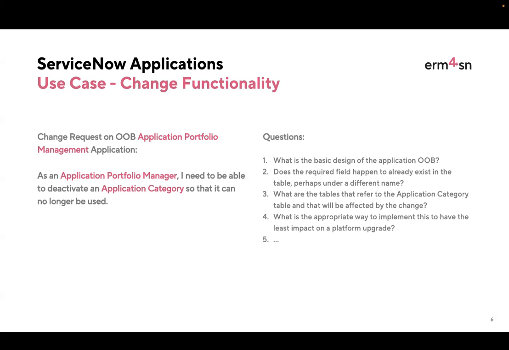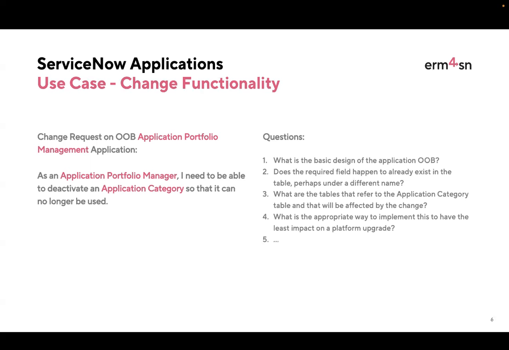And then once I have analyzed all of these points, the next question is, how should this be implemented in a way that I don't have conflicts with platform upgrade? Because when I touch an out-of-the-box record, ServiceNow is not upgrading that record anymore. It stays in that version until it has been in a platform upgrade manually rolled forward.